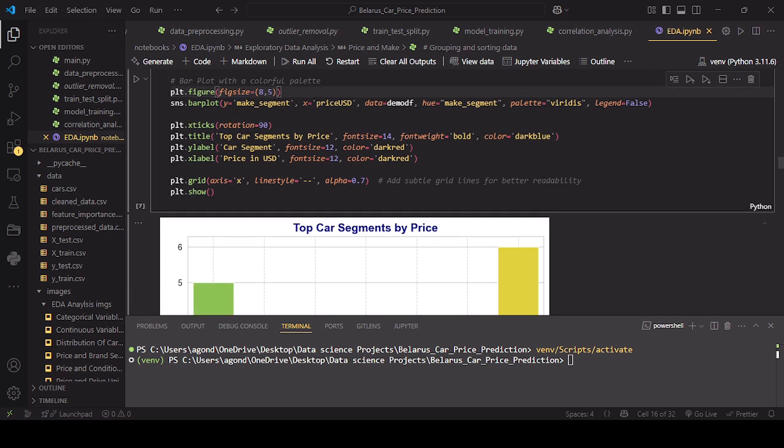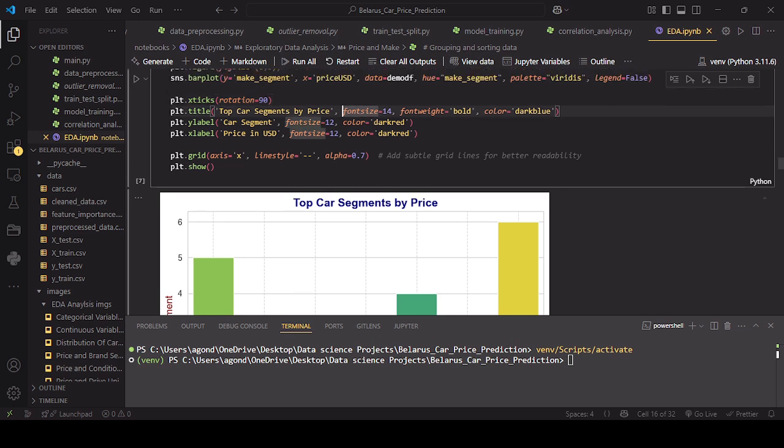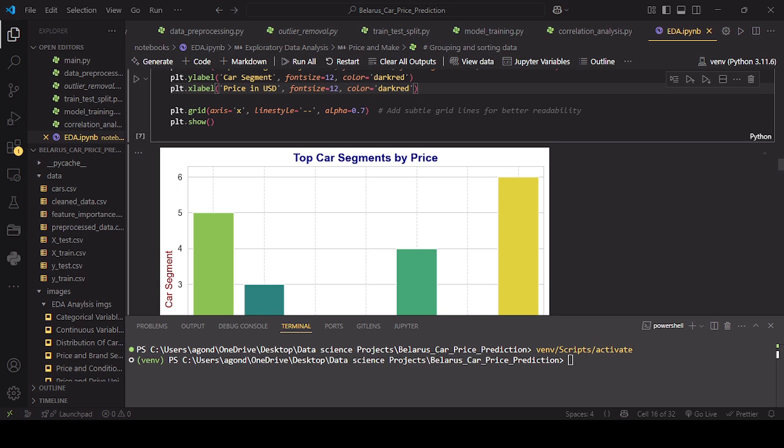Then we have taken the bar plot of it, with make segment on the y-axis, price USD on the x-axis, data as demo DF, and legend false. The title is top segment by price, with car segment and price in USD.